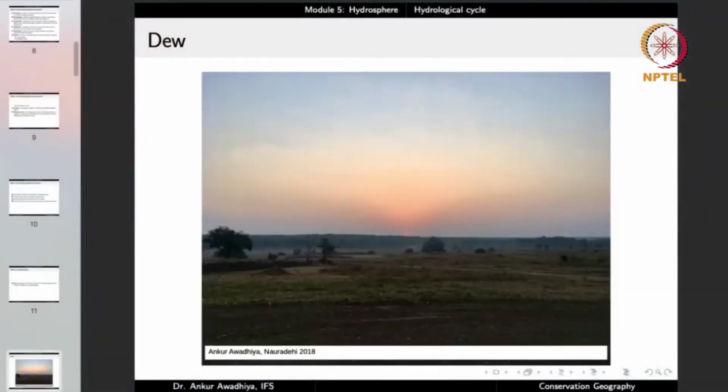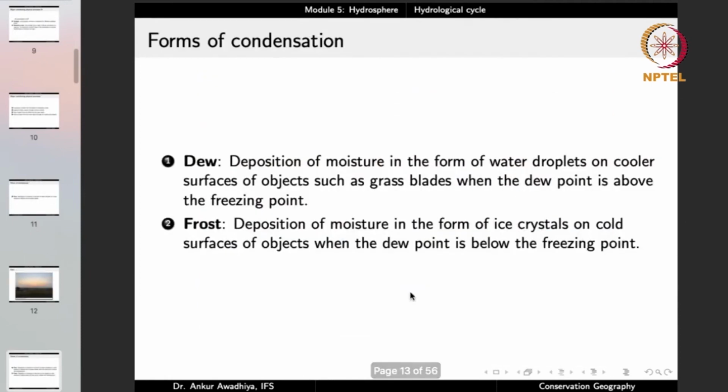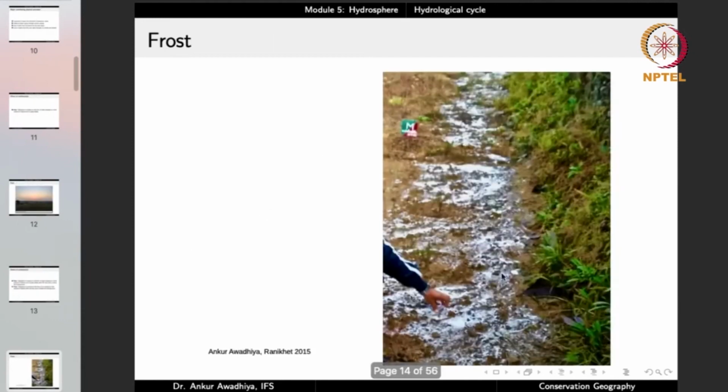So typically you will observe dew in the case of early mornings, especially in the winter months, on things such as grass blades. Another is frost. Frost is the deposition of moisture in the form of ice crystals on cold surfaces of objects when the dew point is below the freezing point. Now in this case, the water directly gets deposited in the form of ice crystals. So this is how a frost looks like.